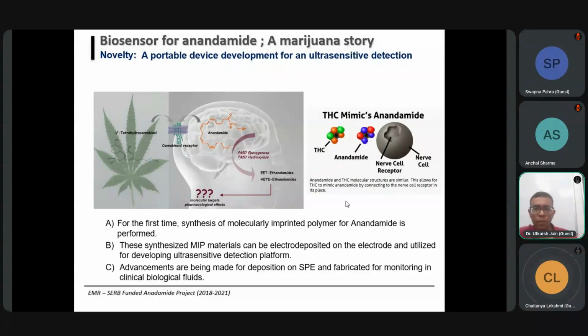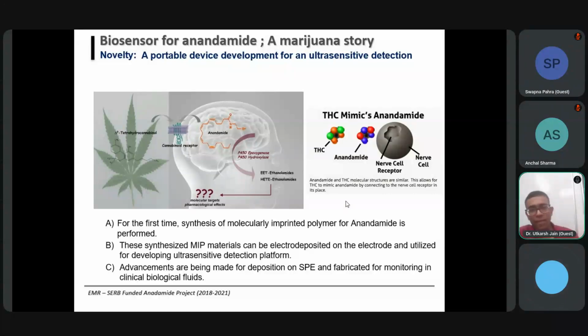And the people who were thinking about anandamide as a neurotransmitter developed this device because they wanted to check whether somebody has taken marijuana, and why marijuana makes people so happy that they are in a different world, right?